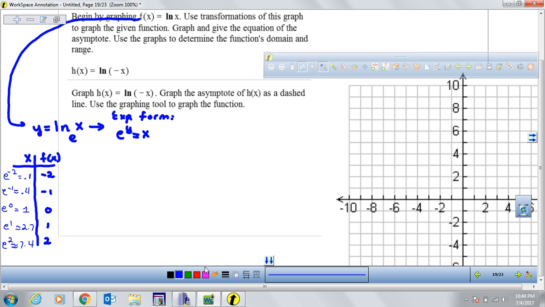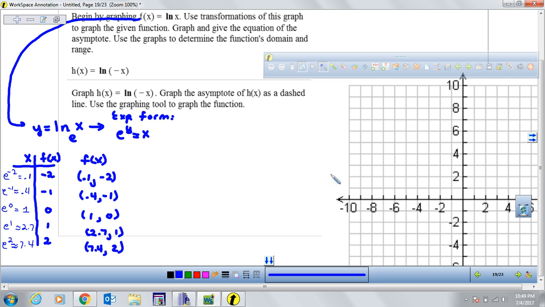Okay, so these are the points for my function f of x. So for f of x, we get 0.1, -2, 0.4, -1, then 1, 0, then 2.7, 1, and 7.4, 2.